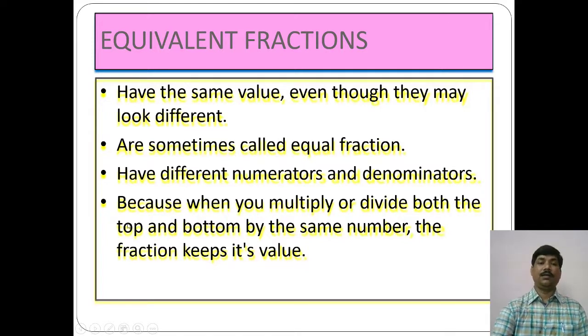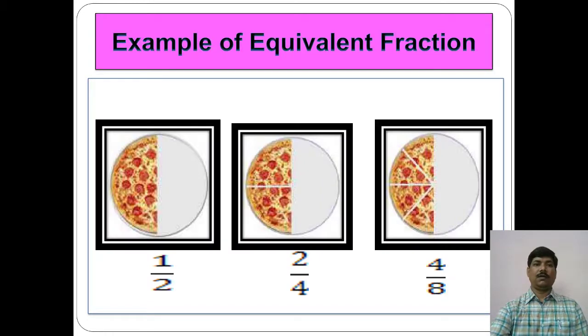How? Next, for an example of equivalent fractions, as you are seeing in this picture, this pizza is divided into equal parts. This part shows half a pizza. In this case, this part shows half a pizza. In the third case, this also shows half a pizza.